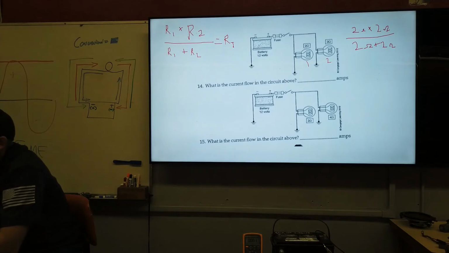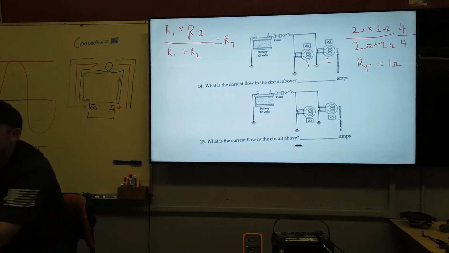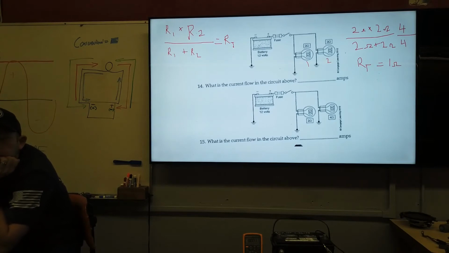So this 2 times 2 gives us 4 divided by 2 plus 2, which also gives us 4. And so 4 over 4 means that our resistance total equals 1 ohm.